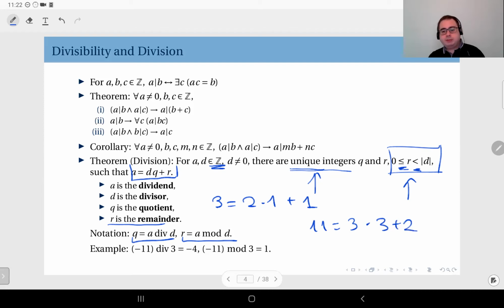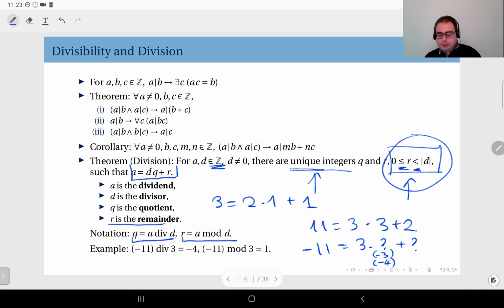So when you divide 11 by 3, the quotient is 3 and the remainder is 2. This is trivial. But what if you divide minus 11 by 3? 3 times what here and what is the remainder? So obviously, what is confusing is is it 3 here, or rather minus 3, or minus 4? Now, at this point, you have to remember this condition here, and the remainder has to be non-negative and in magnitude smaller than the divisor.